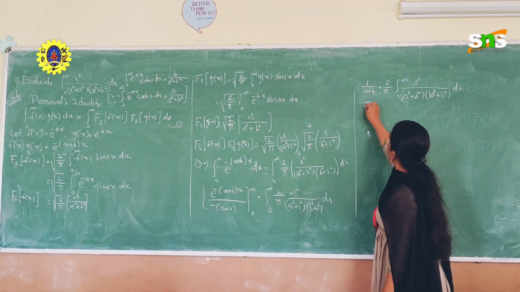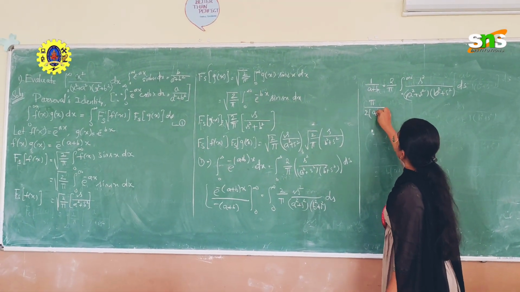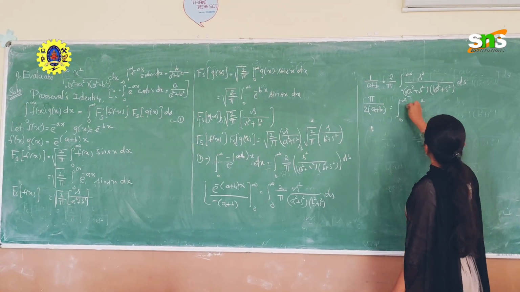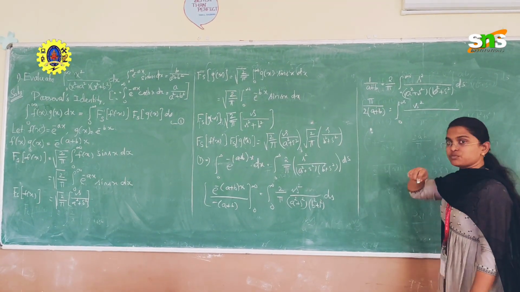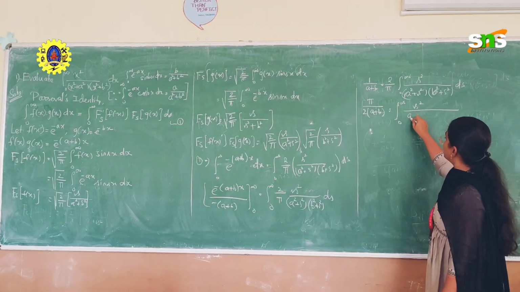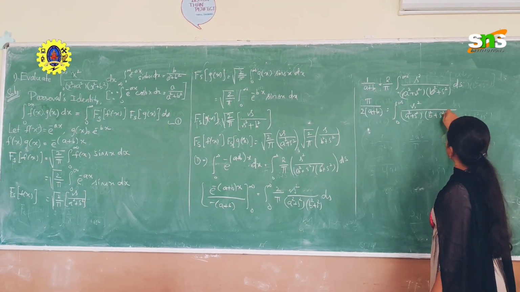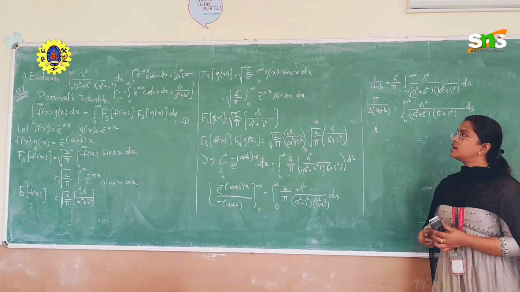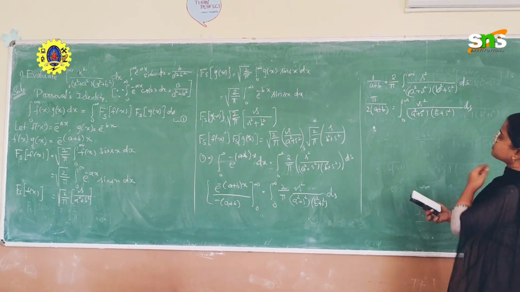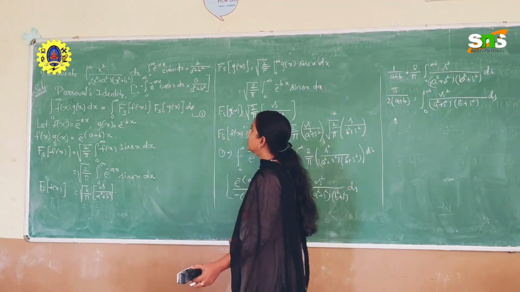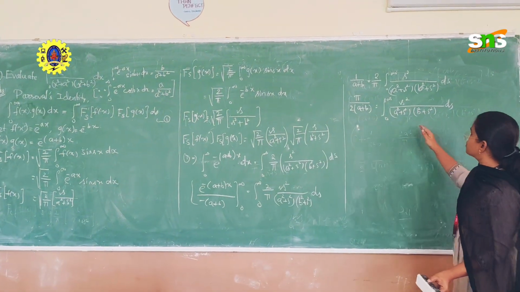So it will become pi divided by 2 times a plus b, which is equal to integral 0 to infinity s square divided by a square plus s square times of b square plus s square ds, right? So you will get the answer for this integral. Instead of x, we just use s.